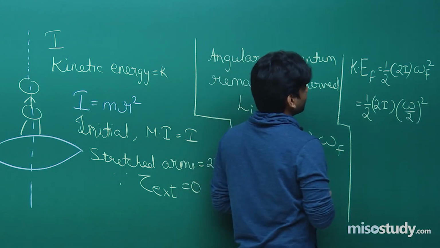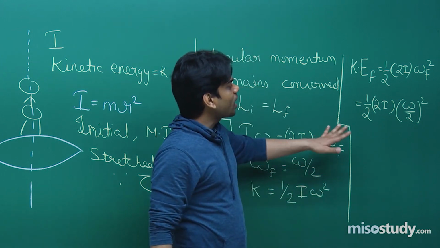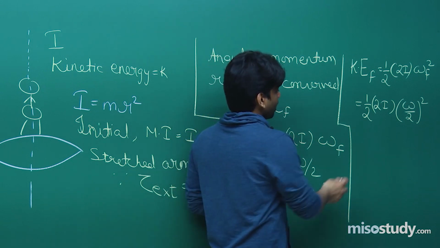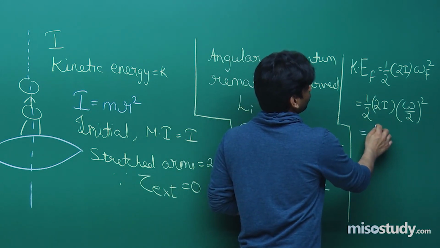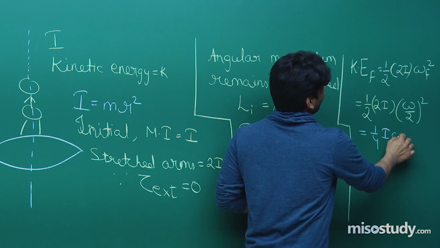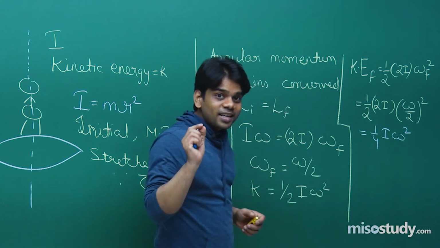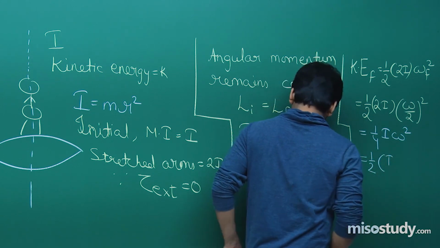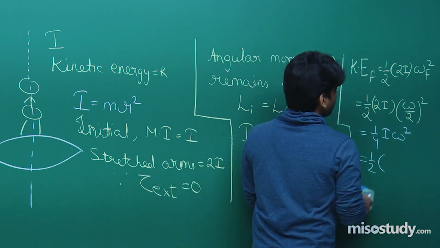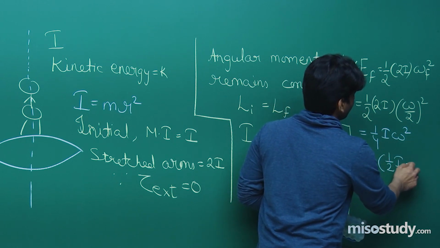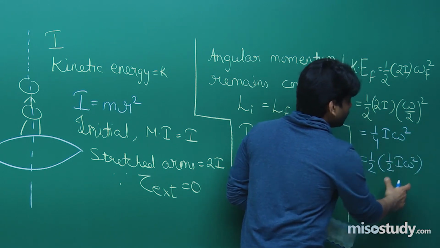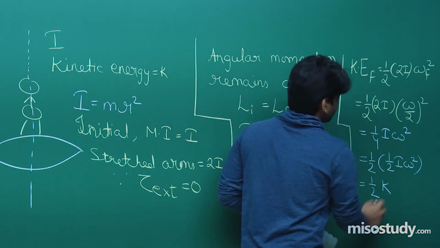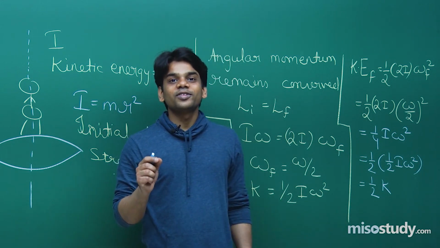Clearly you can see the required relation will be pretty clear to us, and we can relate it to half I omega square. The 2 and 2 will cancel out, and we will have 1 by 4 I omega square. That is 1 by 2 of half I omega square. This value is the initial kinetic energy K, so half K. That is, the final kinetic energy is half times the initial kinetic energy.